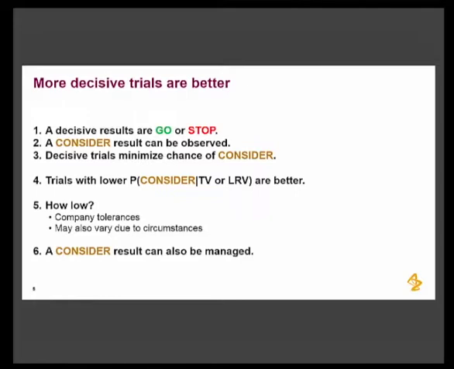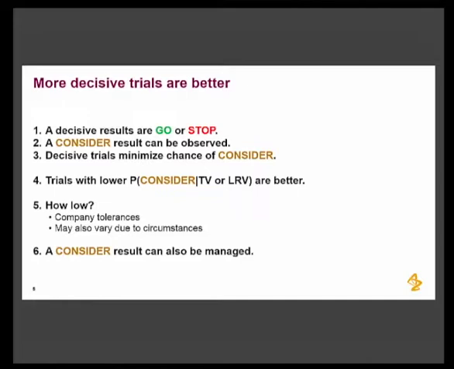A decisive trial, in my mind, is something that minimizes the probability that you're going to wind up getting a consider result. And we've adopted the probability of consider, given either the target value is true or the lower reference value is true, as a measure; lower is better for trials in this framework.